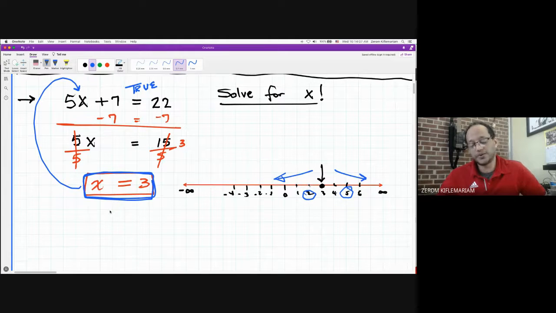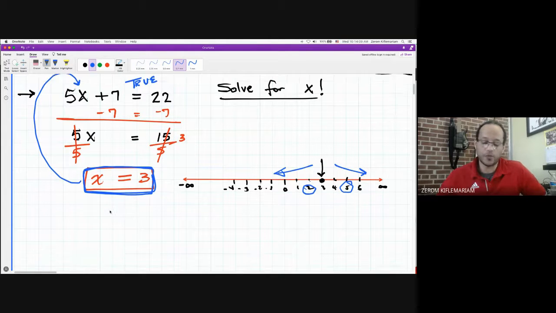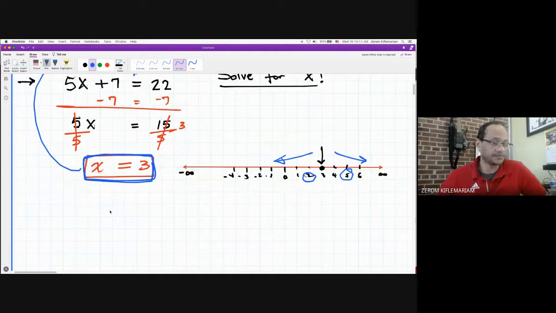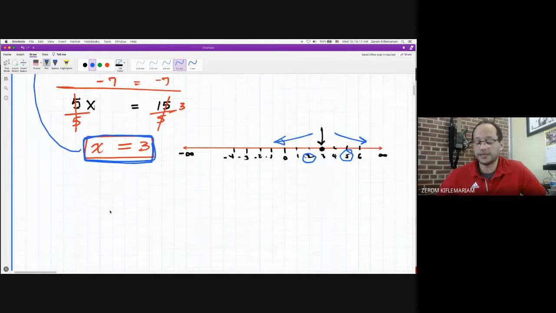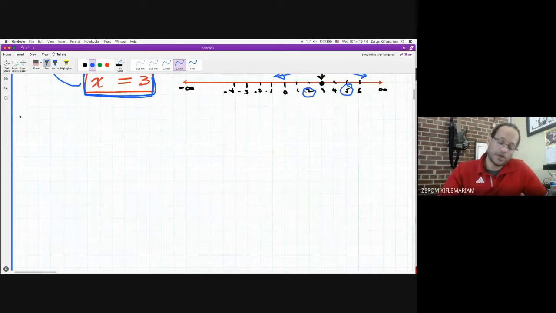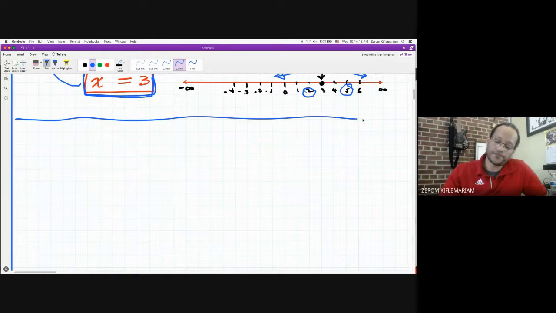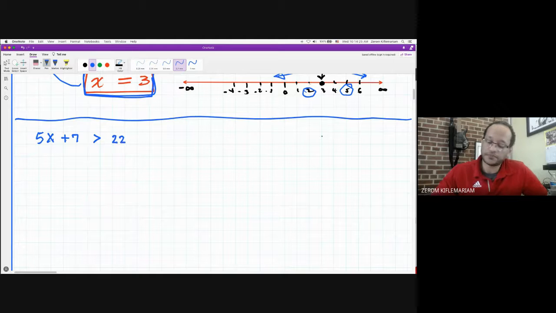But when we are dealing with inequalities, I'm going to look at the same question and we're going to change it a little bit. So we have 5x plus 7 greater than 22.